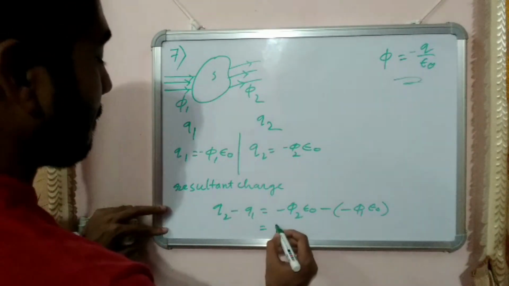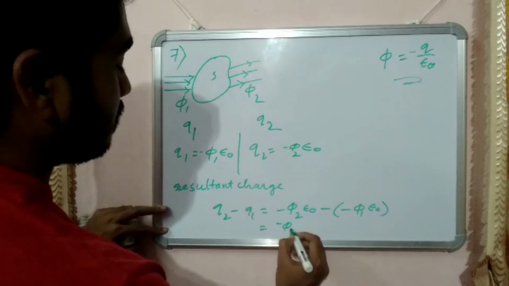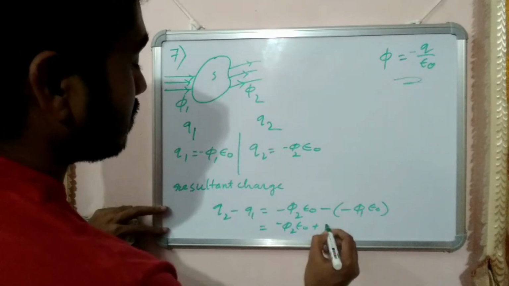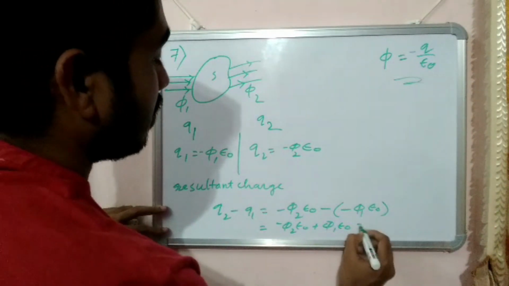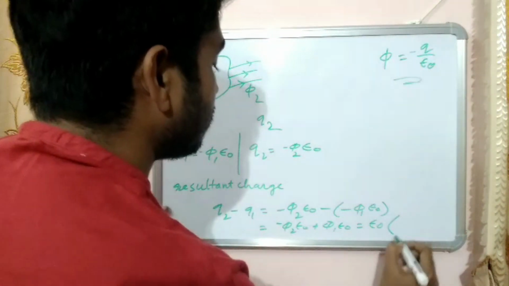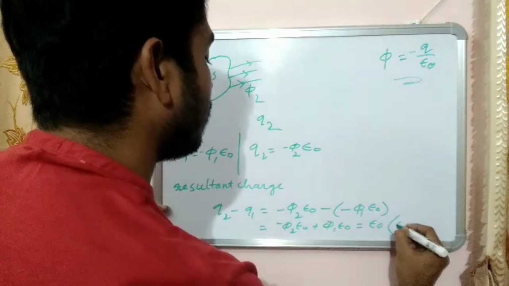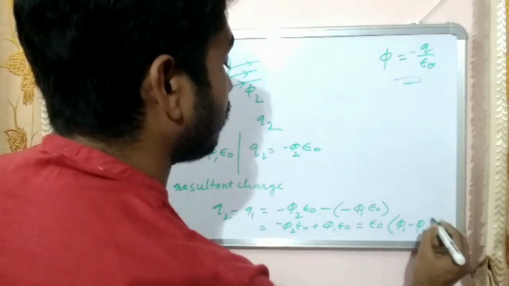This will be minus phi 2 epsilon 0 plus phi 1 epsilon 0, and with epsilon 0 in common, phi 1 minus phi 2.